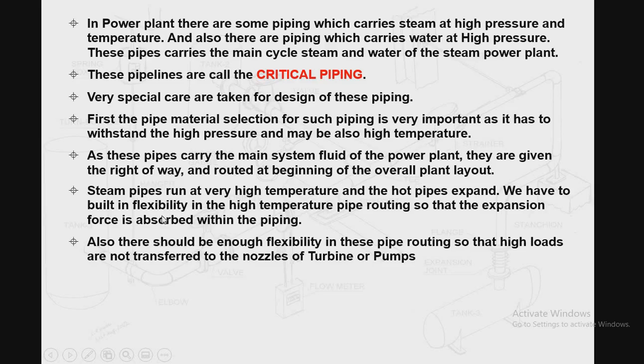We have to build in flexibility in the high temperature pipe routing, so the expansion force is absorbed within the piping. Flexibility is more important. There should be enough flexibility in this piping routing so that high loads aren't transferred to the nozzles of turbines or pumps.